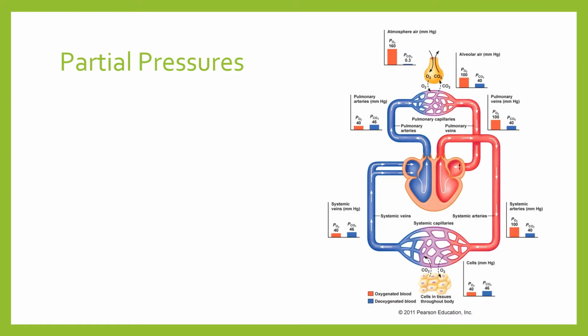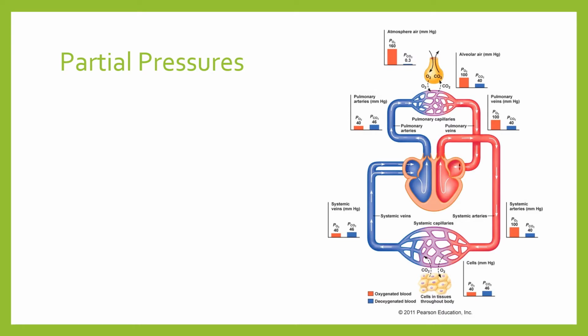So you'll remember from previous videos that partial pressure is a way of describing the contribution to the overall pressure in a mixture of gases. So let's say we have in the air, for example, a mixture of gases, and each of those gases contributes a proportion of the overall pressure.